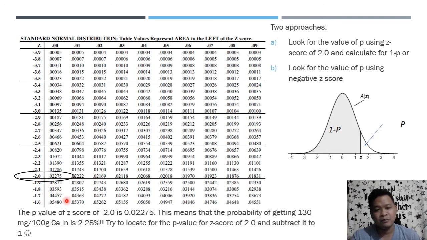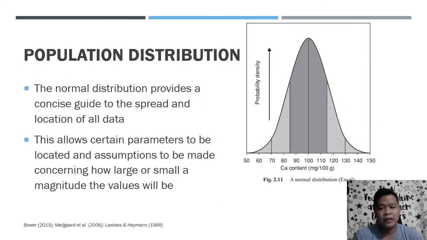Based on the z-score of 2, the corresponding p-value is 0.02275, or around 2.28% chance of occurrence.